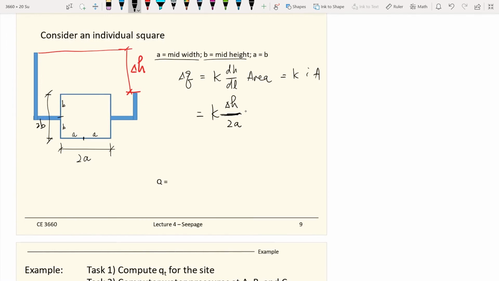And the area, so the tricky point now is the area. The area going through this element is 2b times 1, because we assume this is a 2D problem. So you have a unit length going into or out of the page with a length of 1.